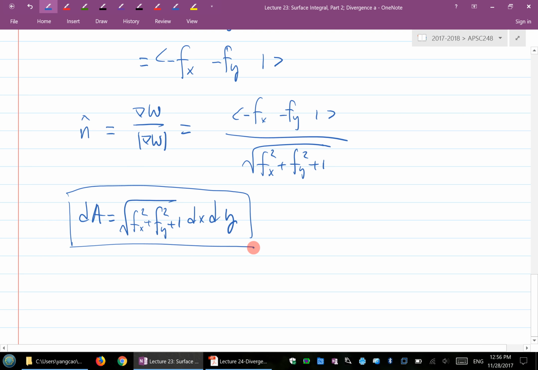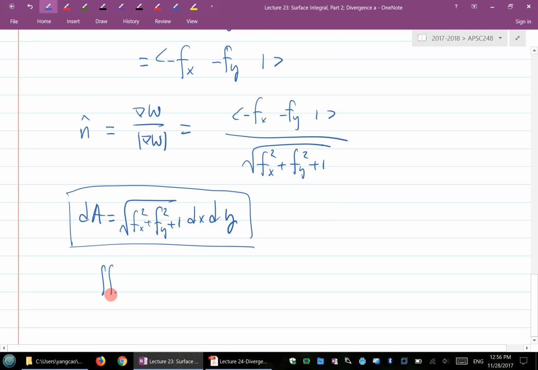I'm not going to test you, but there's a very typical question: you have a certain shape or geometry covered by a surface, and the customer asks you for the surface area of this geometry. How do I mathematically calculate this surface area? You take dA, then you integrate the whole dA.